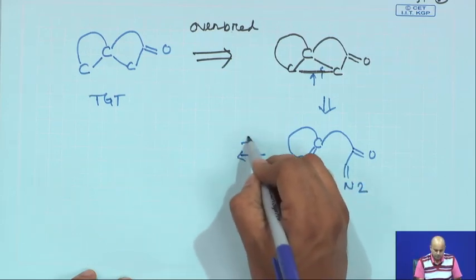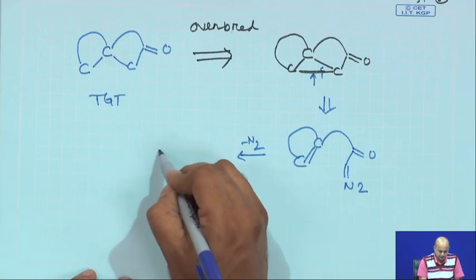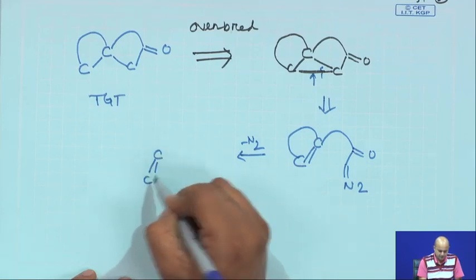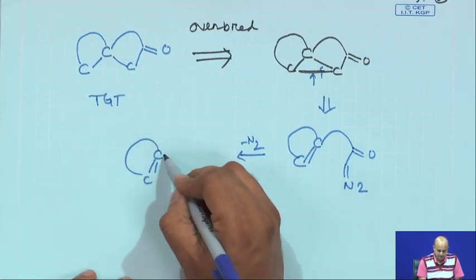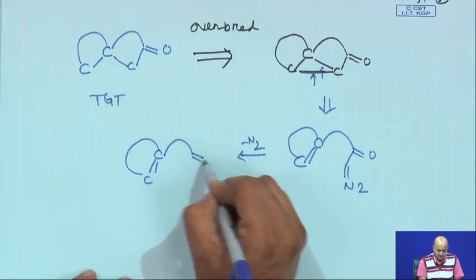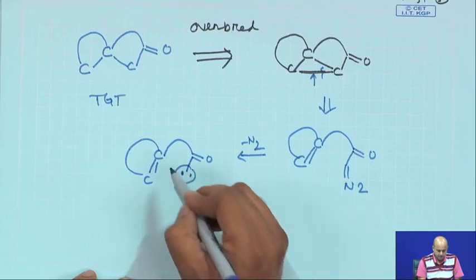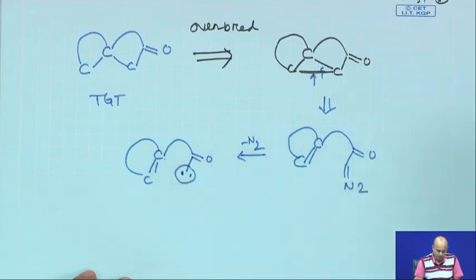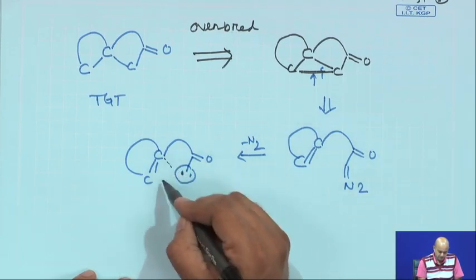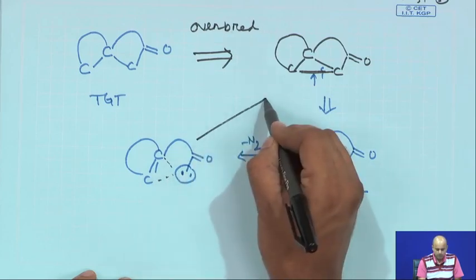So, you use light, double bond C and then double bond O, you get this acyl carbene, which is now undergoing 2+1 cycloaddition to give you this cyclopropane.